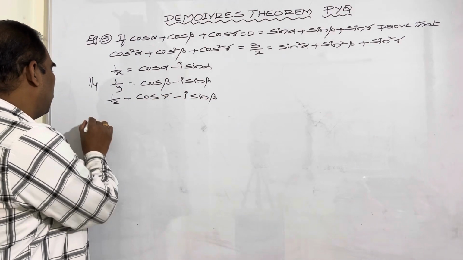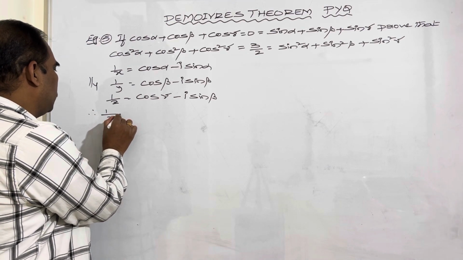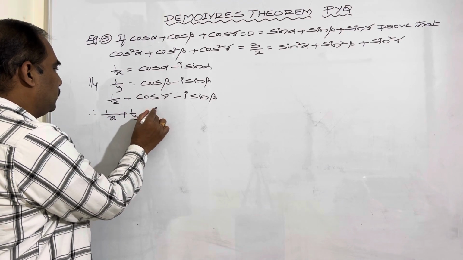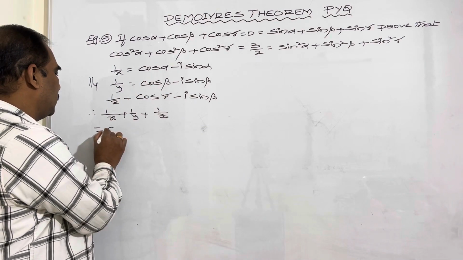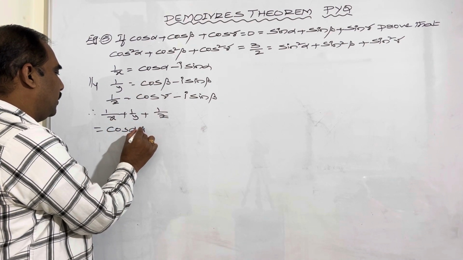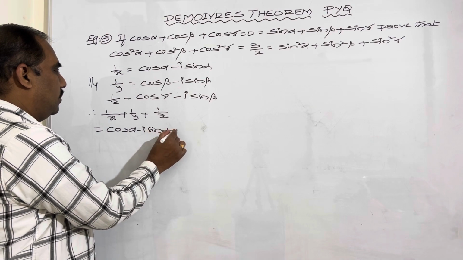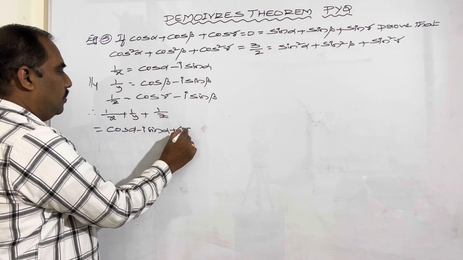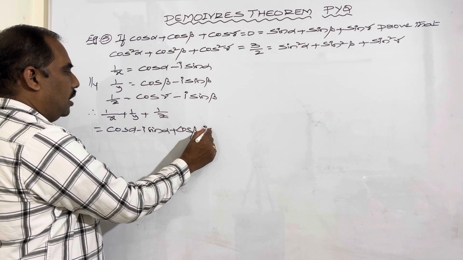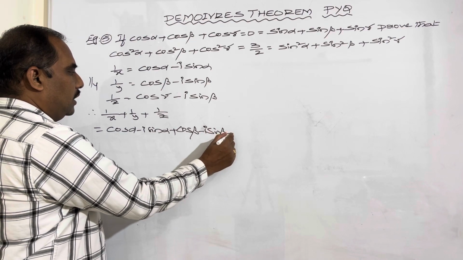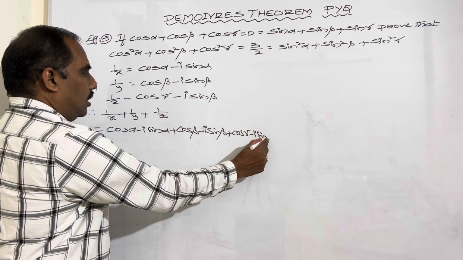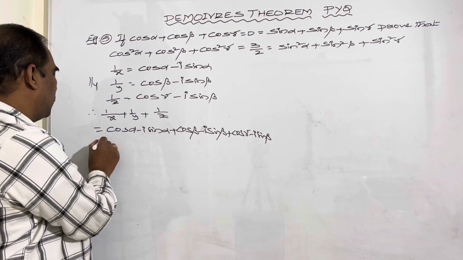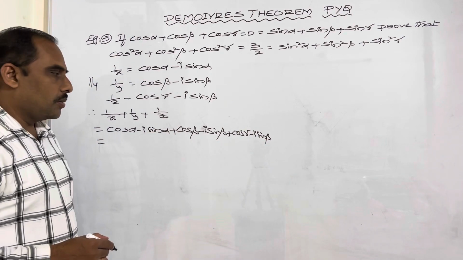So now again, 1 by x plus 1 by y plus 1 by z is equal to cos alpha minus i sin alpha plus cos beta minus i sin beta plus cos gamma minus i sin gamma. Now again separate the real parts and imaginary parts like before.